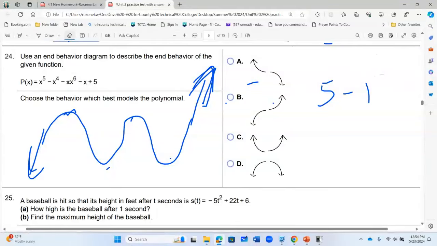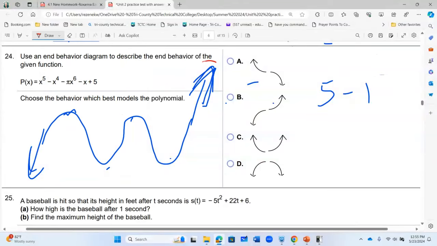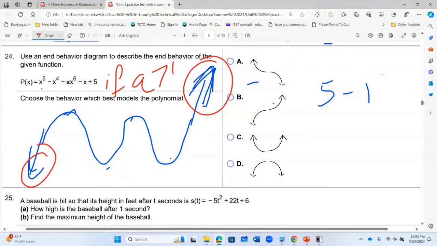If the leading coefficient is positive, then this one will be going up and this is going down. So when the leading coefficient is positive, A is greater than 0. In this case, the leading coefficient is greater than 0.